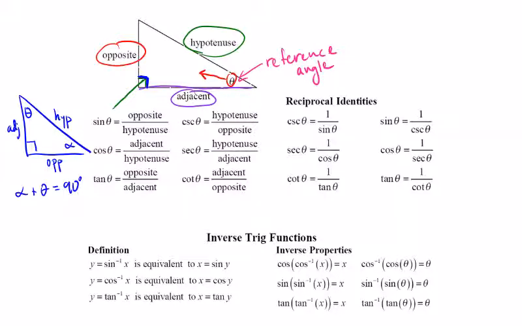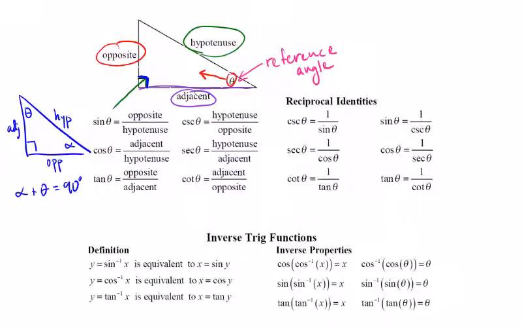When two angles add up to 90, they're complementary. And if they add up to 90, each has to be less than 90, which is acute. So these two angles in a right triangle, the angles that are not the right angle, are always going to be acute angles that are complementary, that add up to 90.